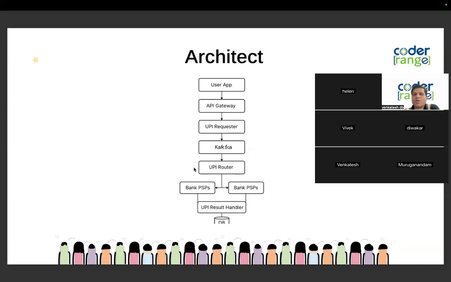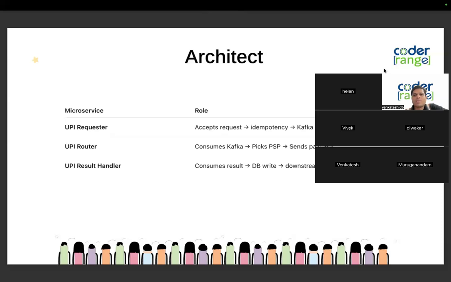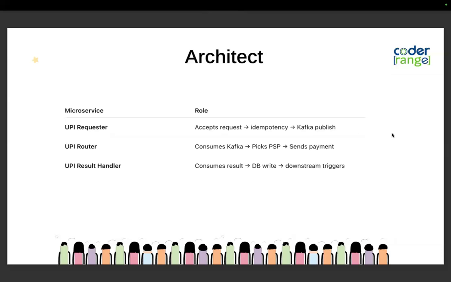I'll talk about why they introduced Kafka and what the reason is. I'll go deeper on that aspect. This is the new architecture they brought in. The UPI requester accepts the request and puts it in Kafka.